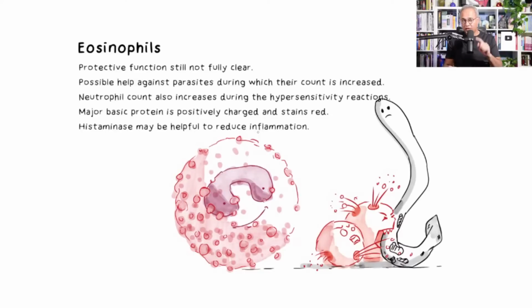However, we know that their count is increased in certain worm infections. For example, in nematodes or other worms of similar species. Their count is also increased in hypersensitivity reactions. So maybe they have a function there.